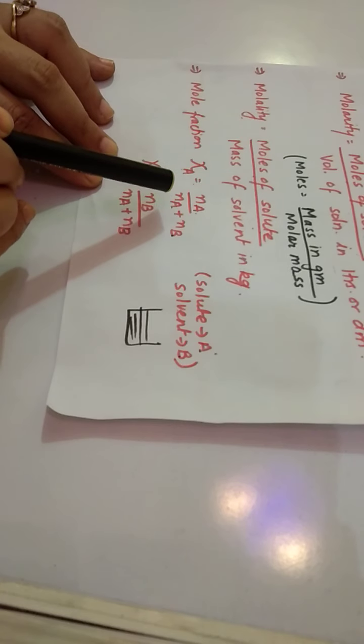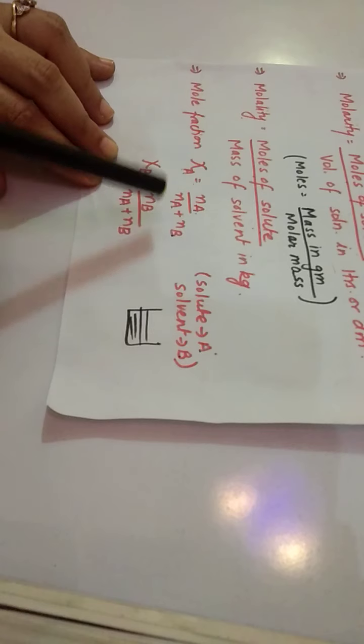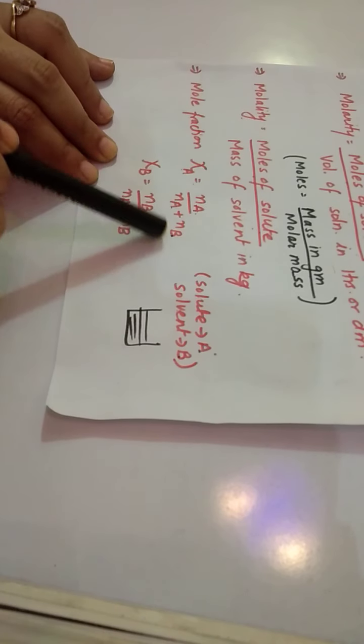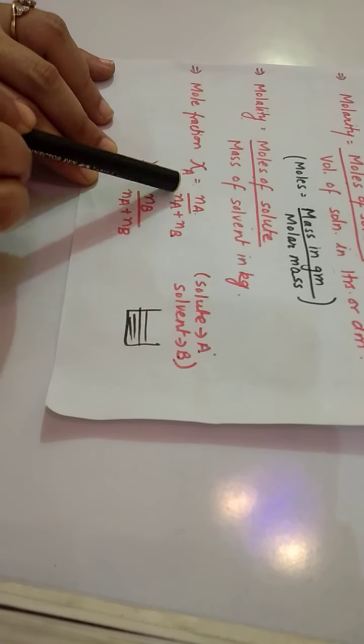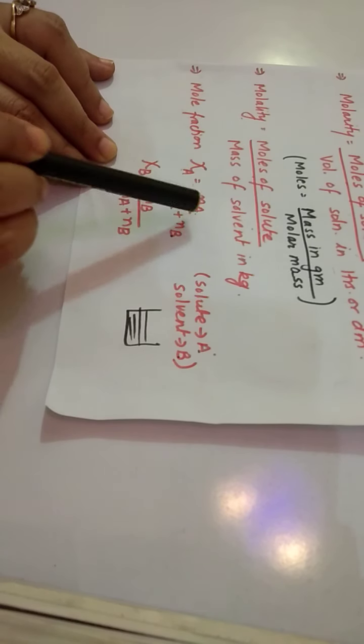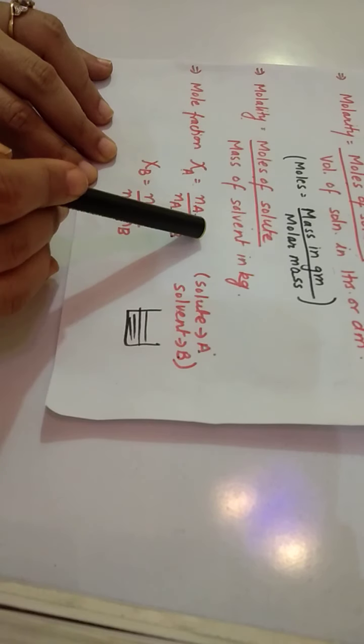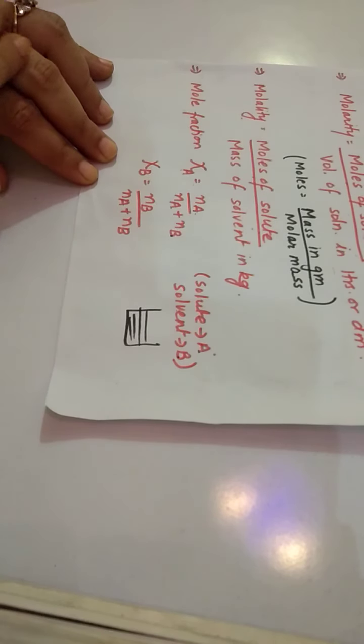Solution is made by mixing solute and solvent, where A is the solute, B is the solvent. Total number of moles of solution will be number of moles of solute plus number of moles of solvent. The one whose mole fraction is to be calculated, that number of moles will be written in the numerator.